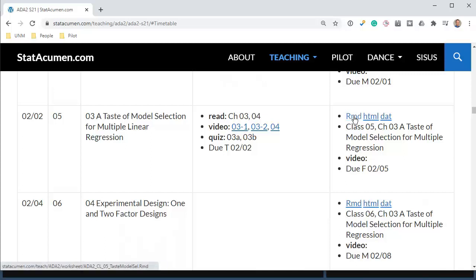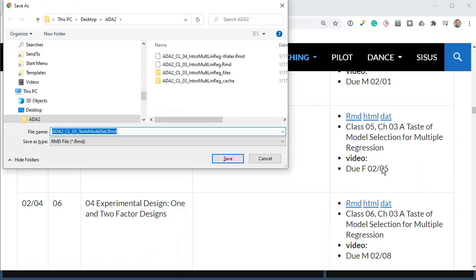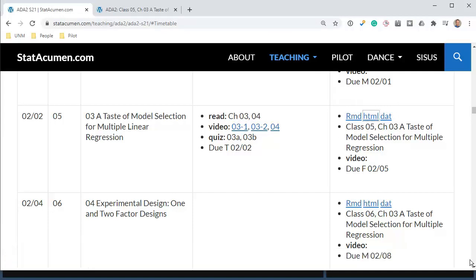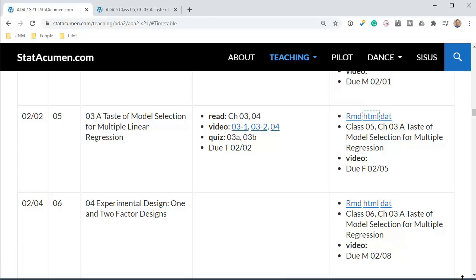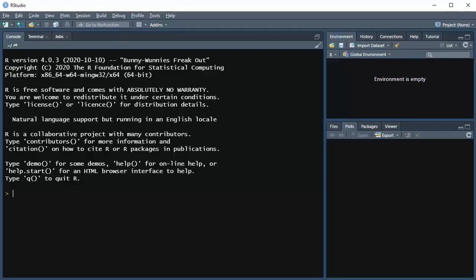So I will start by downloading the R Markdown file into my ADA folder and the data file. And I will also open up the HTML file. All right. Let me just read this into RStudio.